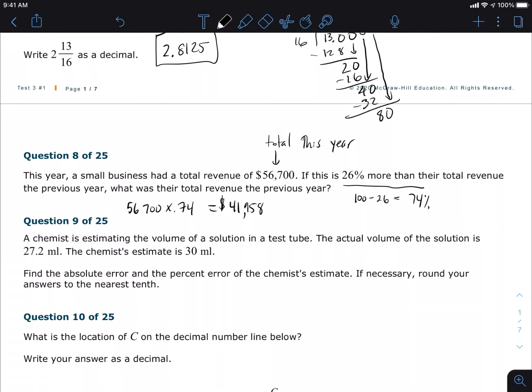Revenue from last year. Okay, so let's see. Oh, that's why. This is why I messed up. My apologies. Do you guys see?